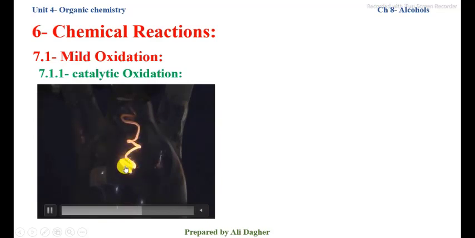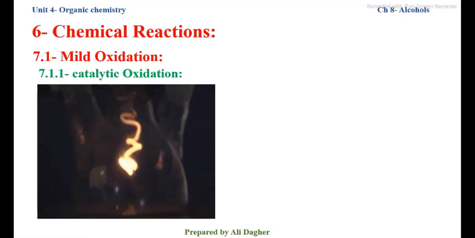The increase in the intensity of the glow indicates that there is oxidation of the alcohol. This experiment shows the catalytic oxidation of alcohol. It is called the flameless lamp because it seems like a lamp.